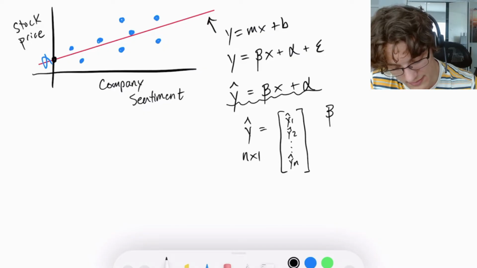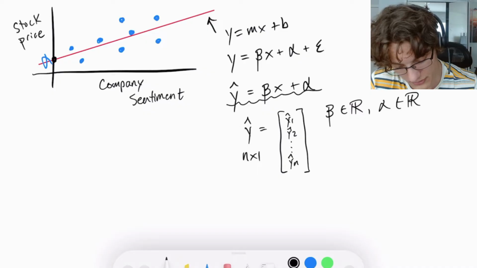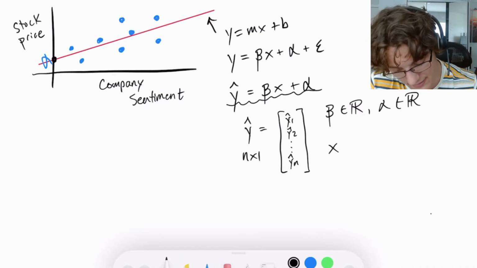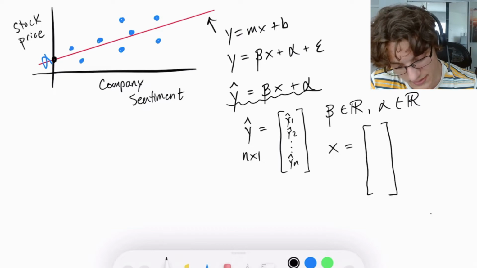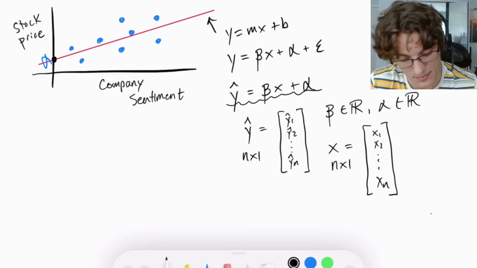Beta is an element of the real numbers. Similarly, alpha is as well. They're simply 1 by 1, they're numbers. And then we have this vector x, and this vector x is going to consist of our company sentiments. So we have x1, x2, all the way to xn. So this is also going to be n by 1.